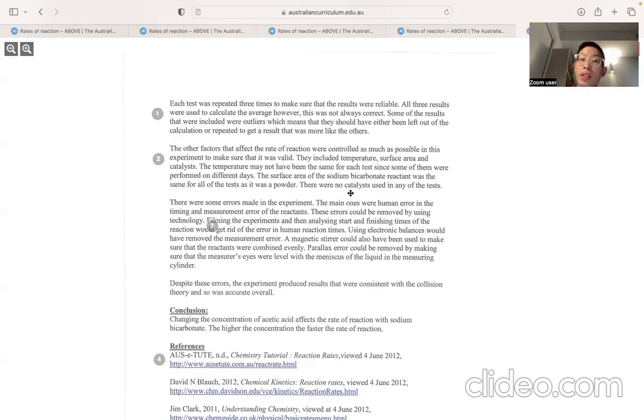So it is very important at the end of every experiment that the student has identified errors and more importantly, how to improve the experiments in the future. So the student has suggested alterations to the experimental method, including the use of digital technologies that would improve that reliability.